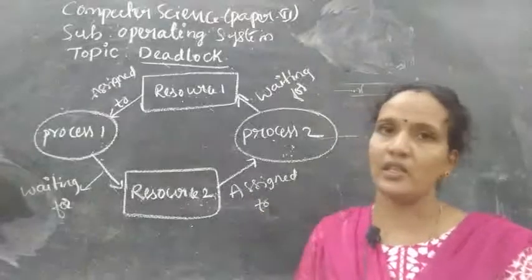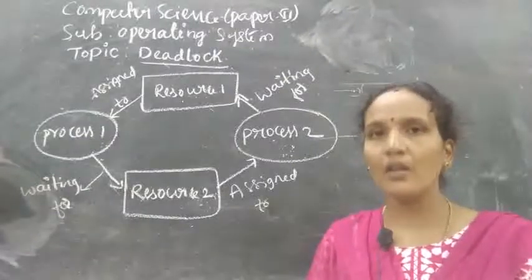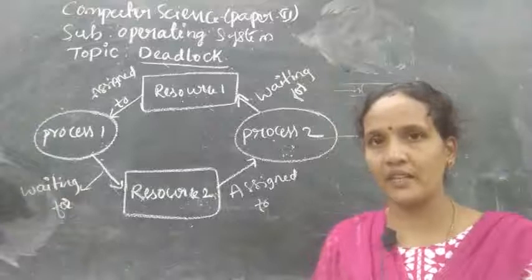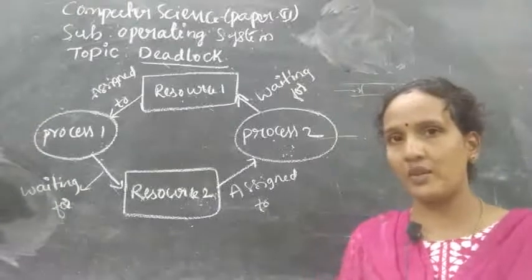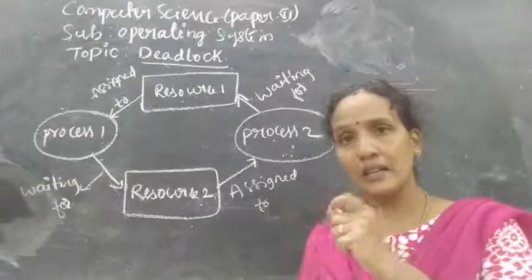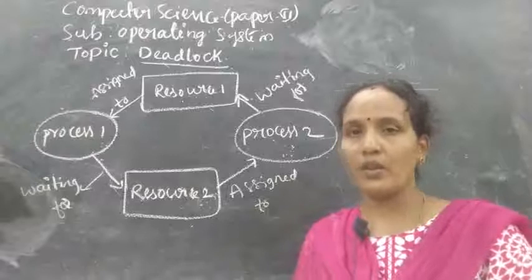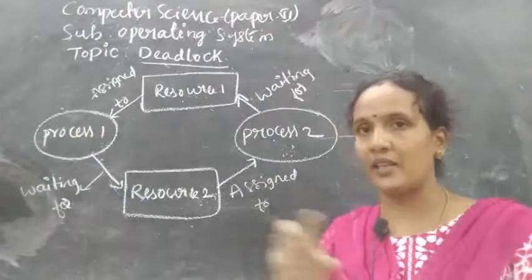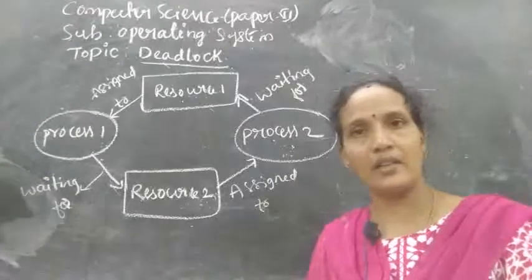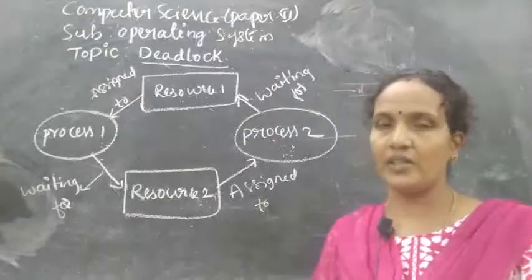So this situation is called as a deadlock. Understood all of you? Process will never complete its execution because it is holding some resources and requesting new resources that are held by another process. So this circular wait is called as a deadlock. In this circular wait, process will never complete its execution.